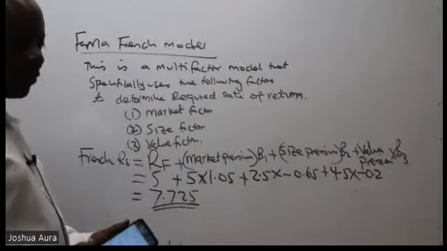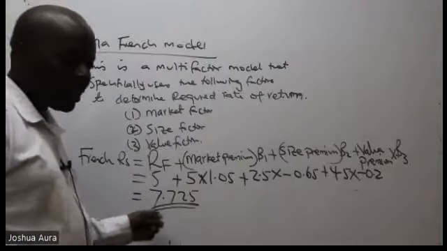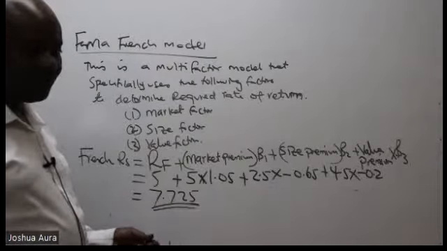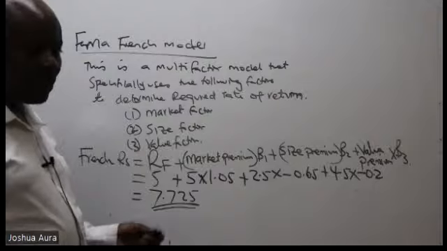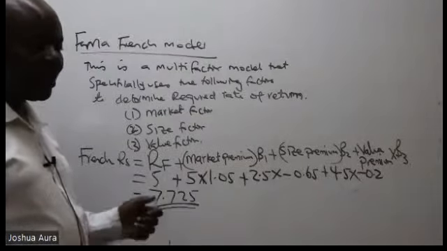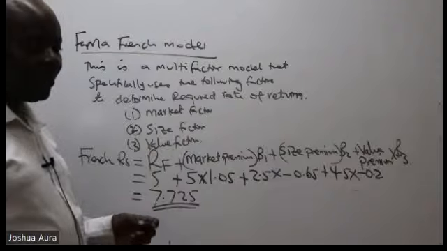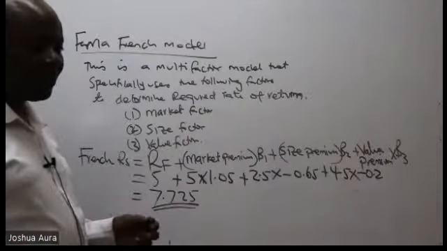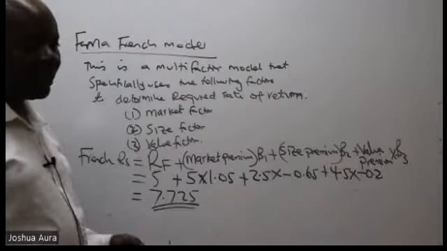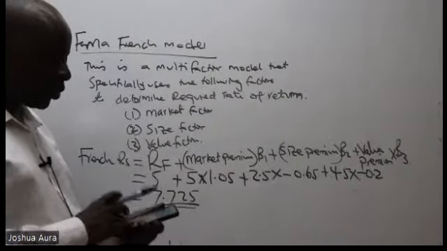Are we able to get this Fama-French required return at 7.725? I hope everybody is able to get this. Thank you so much. They are confirming there in big numbers. 7.725, correct.